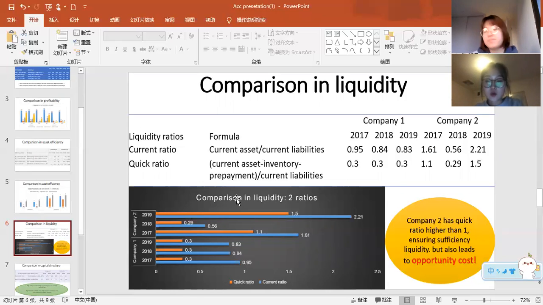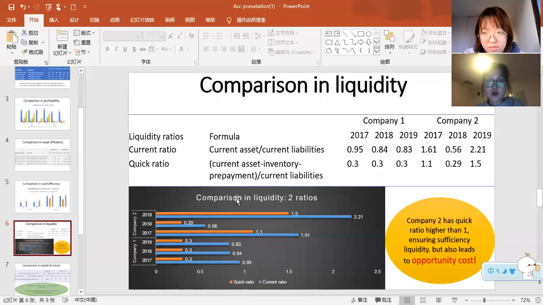Quick ratio excludes inventory and prepayment from current assets and gets quick assets to cover the current liabilities, because we also believe inventory and prepayment are not easily transformed into cash quickly.